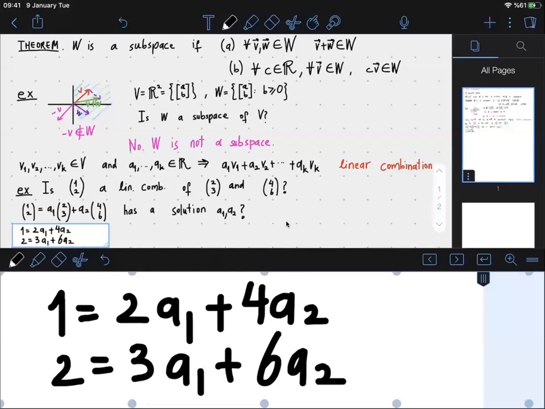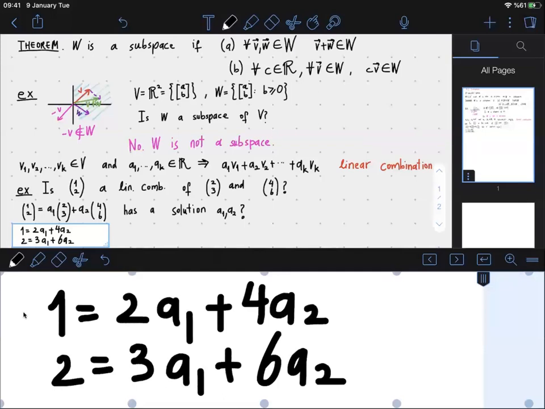Can we solve these equations for a1 and a2? No, right?